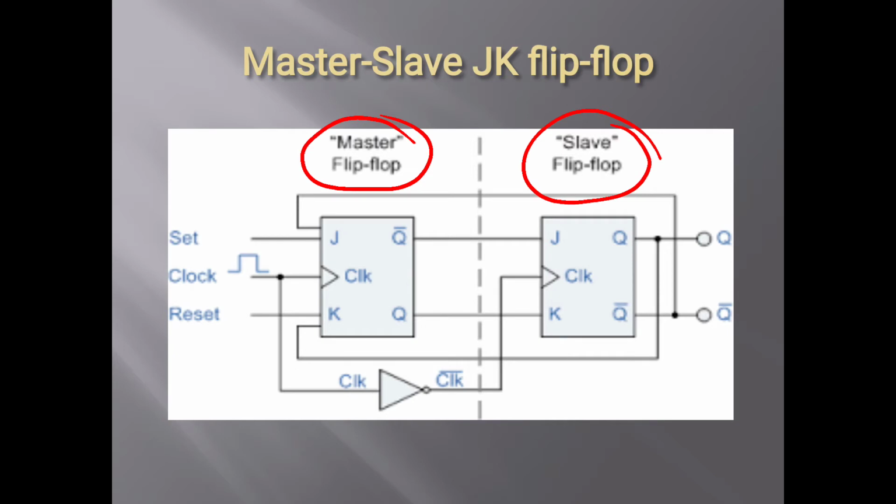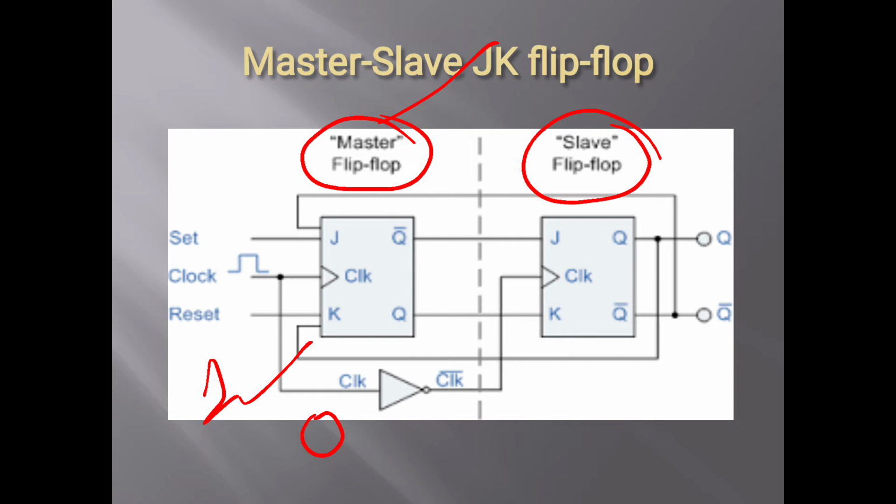Now we provide the clock pulse to each flip-flop, master flip-flop and slave flip-flop. But when the clock value is 1, then the master flip-flop will be activated and the slave will be disabled. And when the clock value is 0, then the master flip-flop will be disabled and the slave flip-flop will be in active mode. It means it will start working.